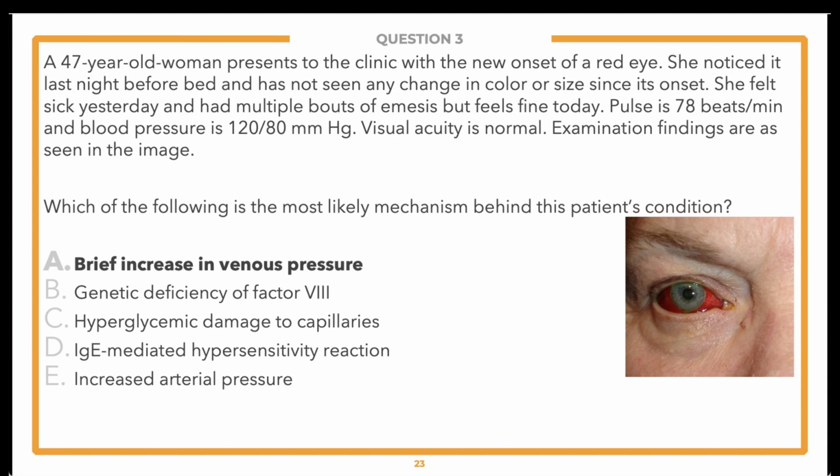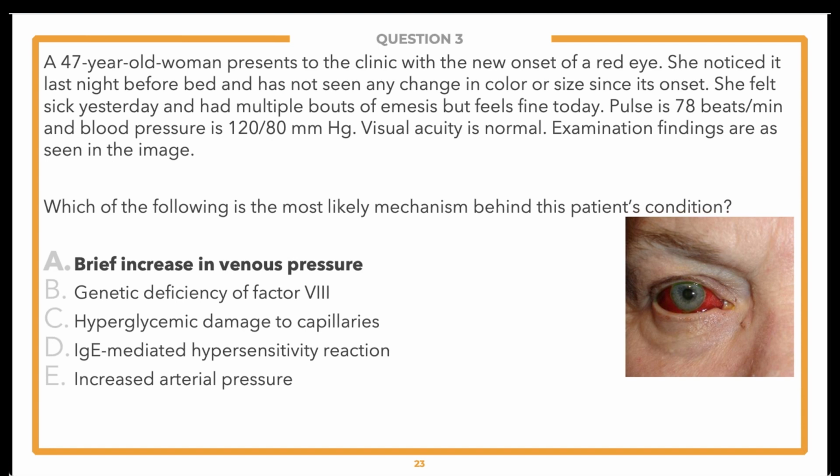Looking at this one, I think this is a two-step question. I'm looking here in the question box to see what people were thinking, and a couple of you laid out that you were thinking it's a conjunctivitis.